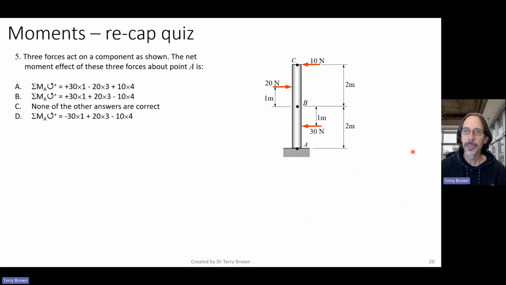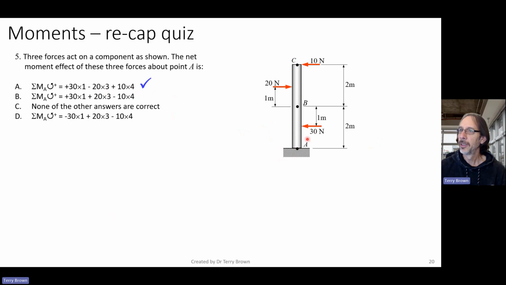Here's another one. Okay, so have another quick go at this one. So this one is about understanding the difference between the direction of the force, or the sense of the force, and the sense of the moment caused by the force. All right, so in this one, we get MA is 30. So taking moments about point A, anti-clockwise is positive.